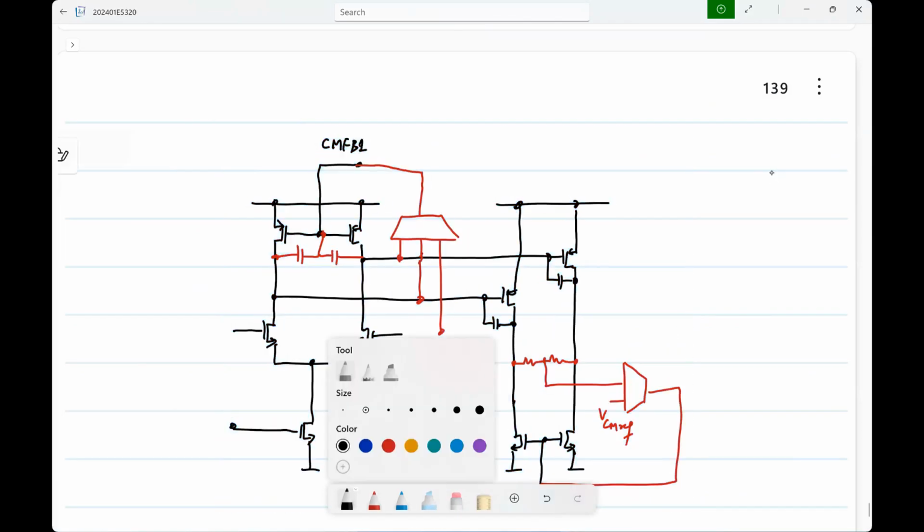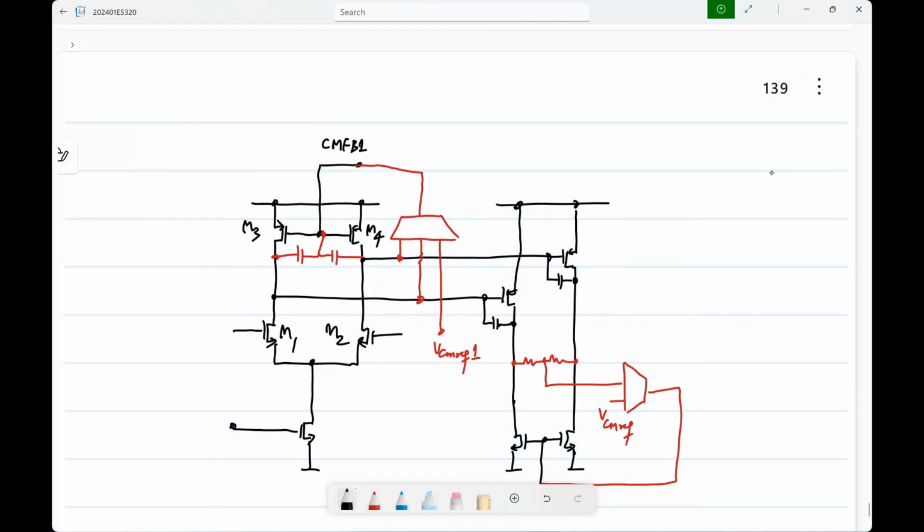So now let's say I have M1, M2, M3, M4, and similarly, now let's take the first stage common mode feedback. For the differential picture, you will have M1 and M2 as the amplifying stage and M3 and M4 as the load. Okay. And in the common mode picture, this M3 and M4 will be the amplifying stage, right? One of the stages. And of course, whatever is inside this, right?